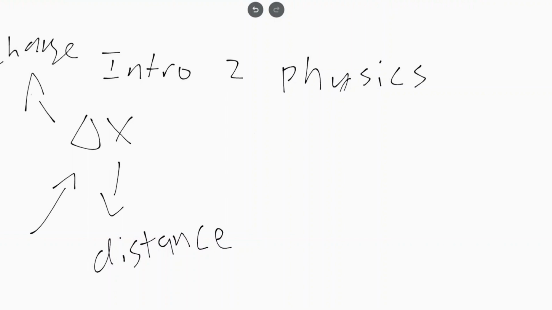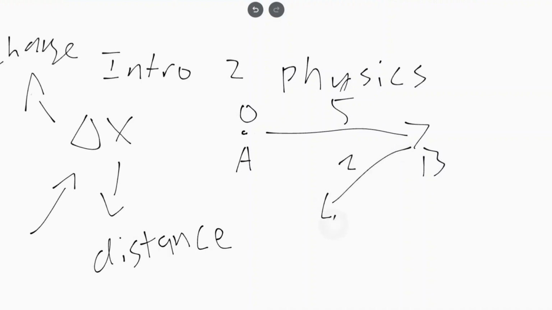But what exactly is displacement? Well, displacement, again, is how much you travel from your starting point to an end point. So basically what it's saying is if I was to start at point A, or 0 meters, travel to 5 meters to point B, and then travel back down 2 meters to point C, I would only end up at 3 meters.